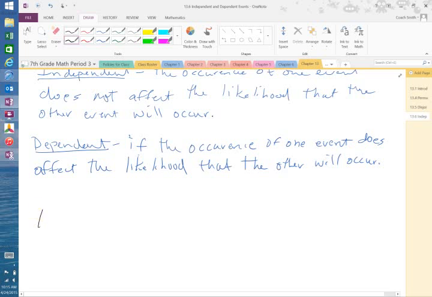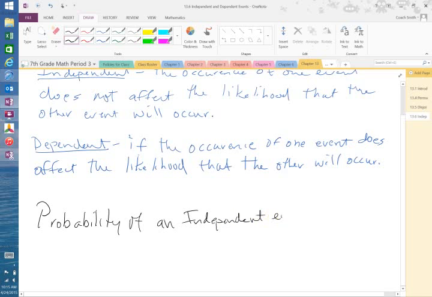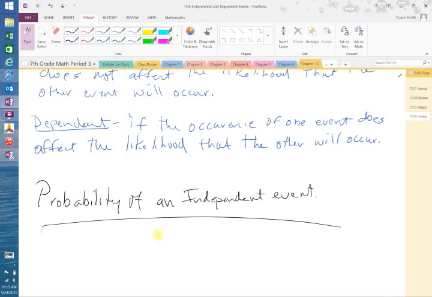The probability of an independent event is the probability of A times the probability of B. Okay, these are independent events. They have given us an independent event there in example 2.